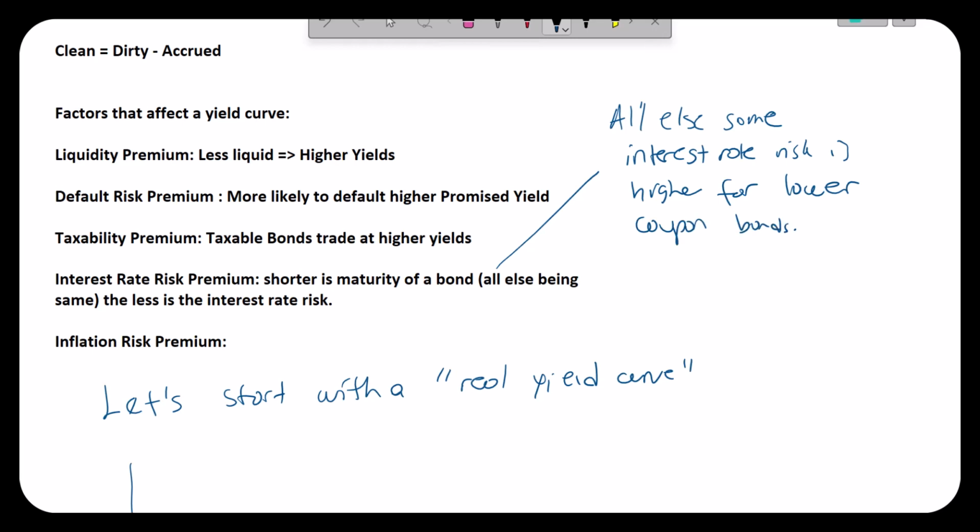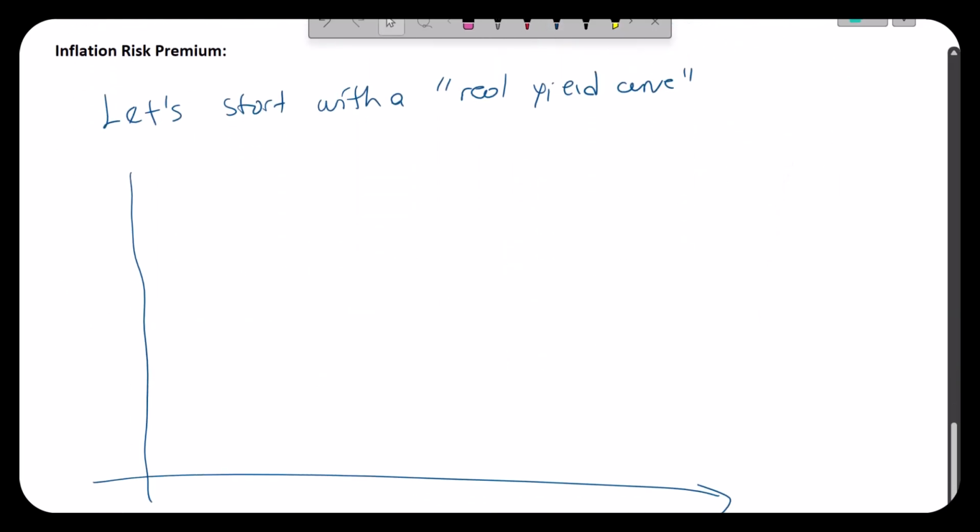As you know, the coupons for the TIPS are much lower compared to nominal, so interest rate risk is even higher there. Since interest rate risk is the only thing that matters, we do expect this thing to be positively sloped.